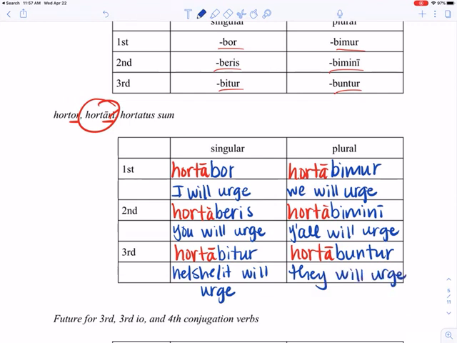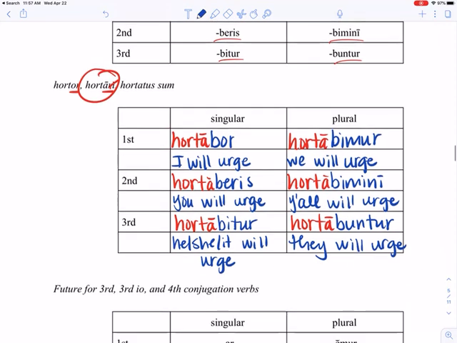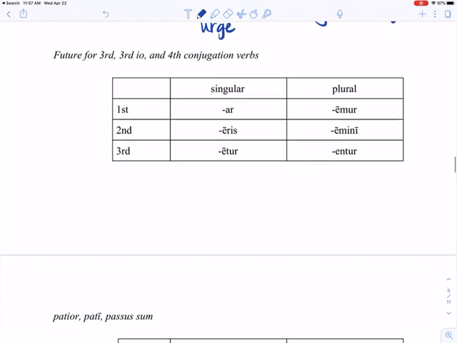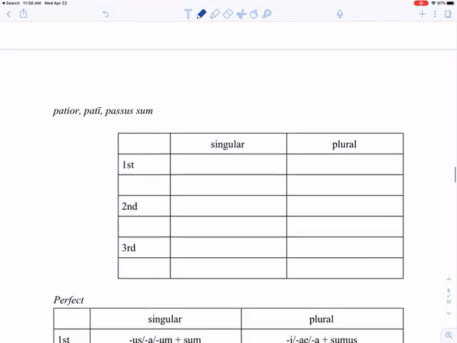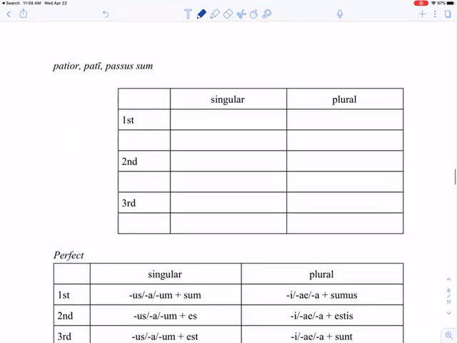Okay. All right, moving into future for third IO, and fourth. Okay. Ar, aris, ator, emor, emini, entor. Okay. This time I used my third IO verb, okay, patior. So I'm going to take patior, I'm dropping the OR there, and so pati becomes my stem.